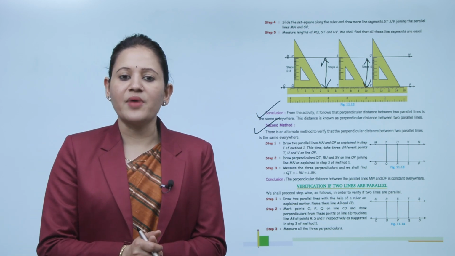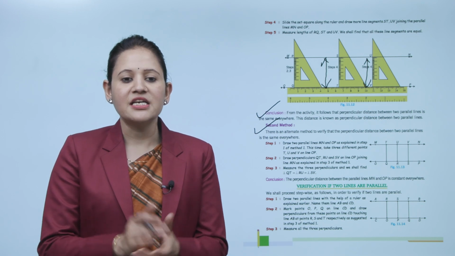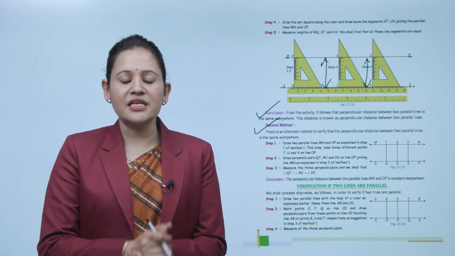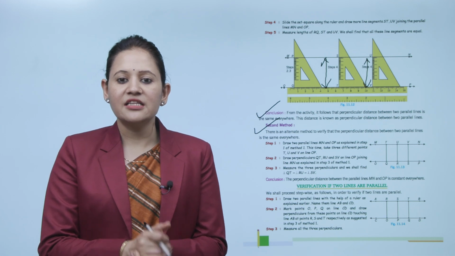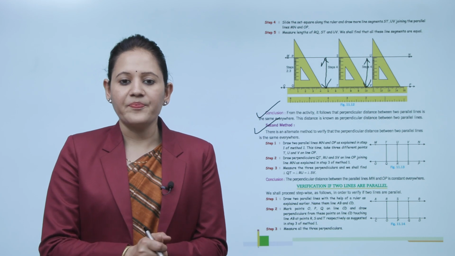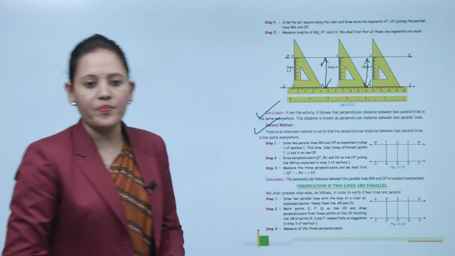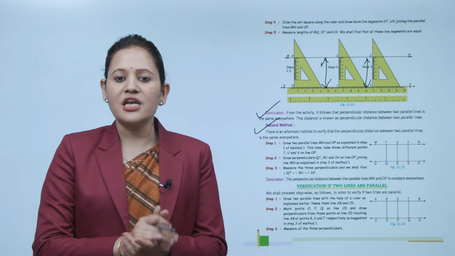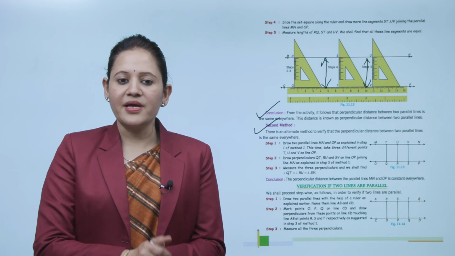There is an alternative method to verify that the perpendicular distance between parallel lines is the same everywhere. Step 1: Draw two parallel lines MN and OP as explained in step 1 of method 1. This time take different points T, U, V on the line OP. Draw the perpendiculars QT, RU, SV from line OP to line MN as explained in step 3 of method 1.